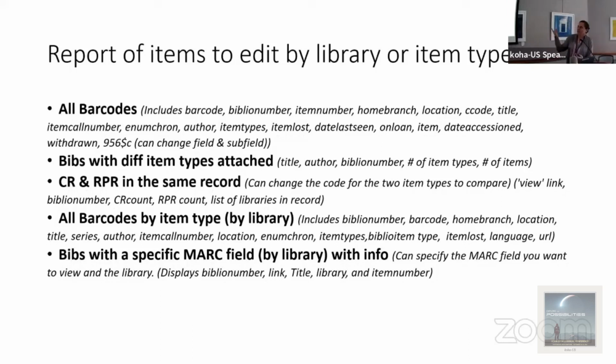And Jason gave me the report for CR and RPR, because yes, the majority of the duplicate records are, some libraries call it a journal and other libraries call it a reprint, which is correct. And all of those are still in limbo because we haven't made the decision yet what we're going to do with them. So we'll eventually get done with this project, maybe by next year.